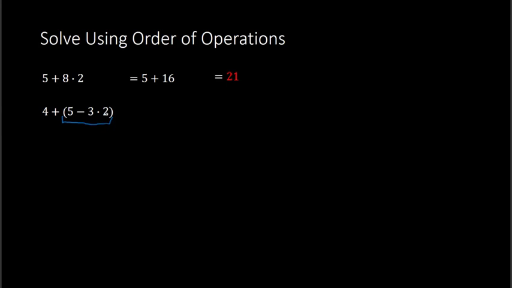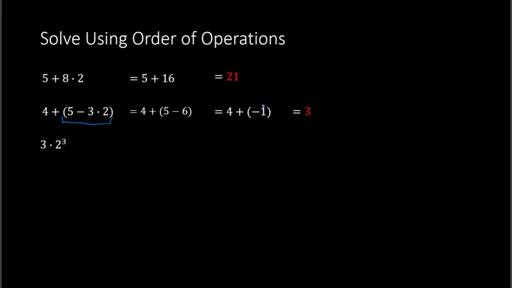After parentheses are exponents; there are no exponents, and then multiply and divide. So we can multiply next, the 3 times 2, which would give me 6. I still need to do the parentheses first, so I need to do the 5 minus 6, which would be negative 1. So we now have 4 plus negative 1, which is 4 minus 1, which would be 3.